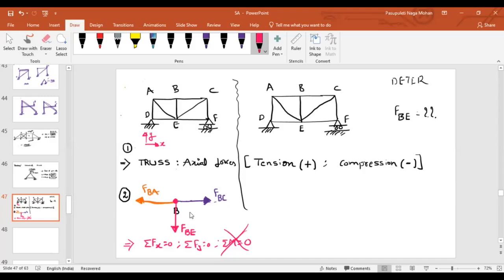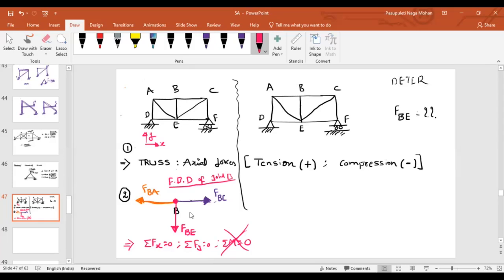Now, at the joint B, if I draw the free body diagram at joint B, how many unknowns are there here? Joint B, 3, isn't it? FBA, FBC, and FBE.